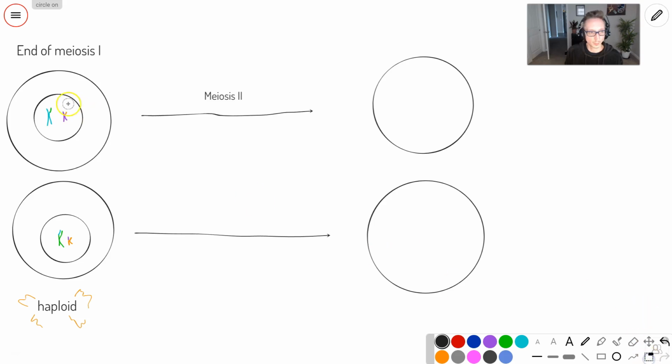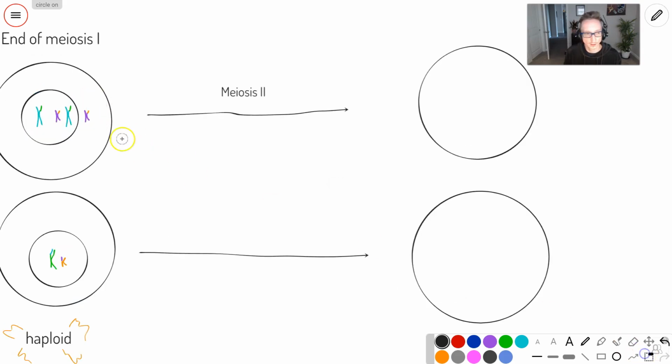We copy these over, and grab this one like that. Now these come too for the bottom one. And now you see we have our sister chromatids lined up in the middle.